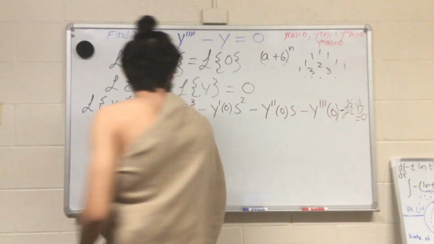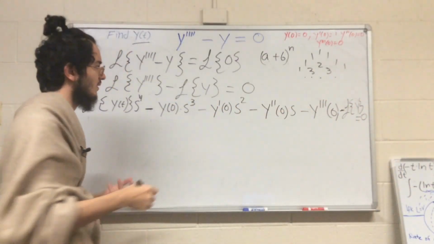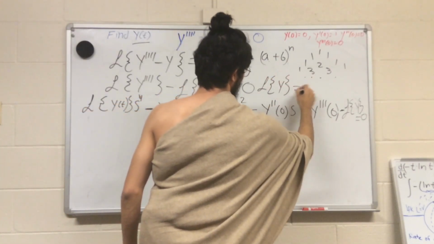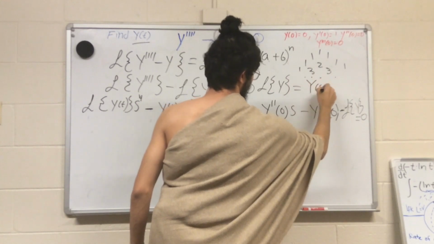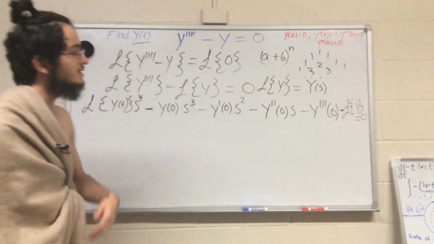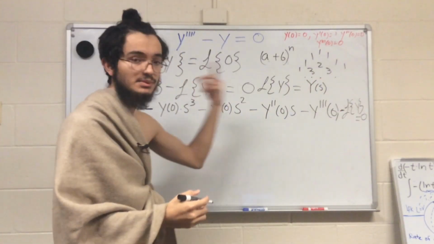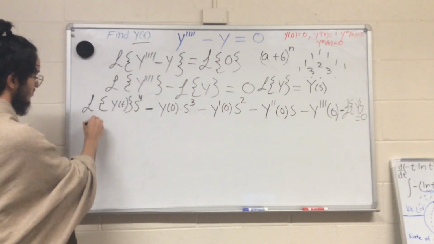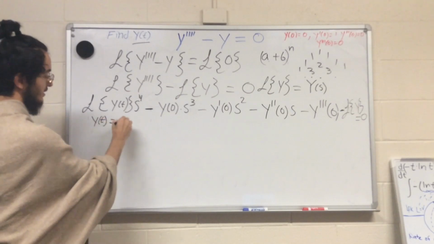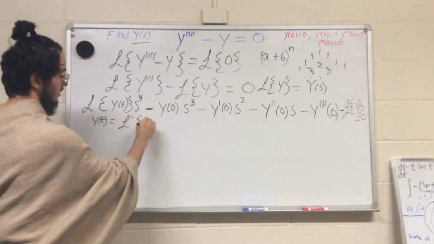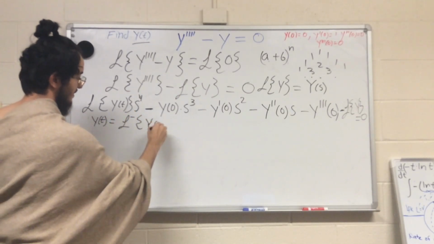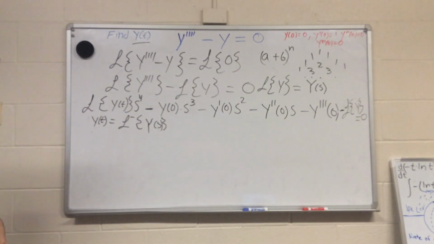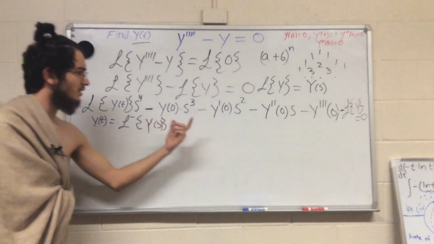Now let's say, for simplicity's sake, that the Laplace transform of y is nothing but capital Y of s, in such a way that if we take the inverse Laplace transform of both sides, we get the function y of t. So we get the inverse Laplace transform of capital Y of s, which will give us the solution to the differential equation.